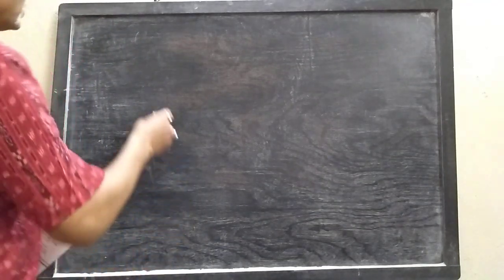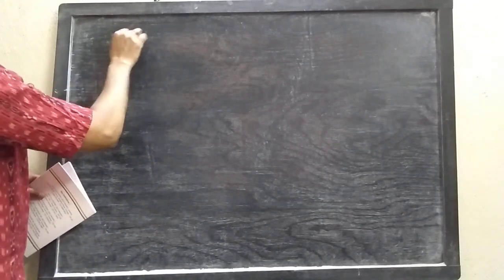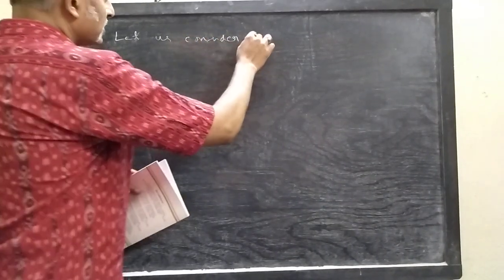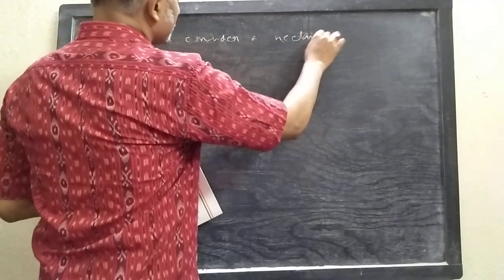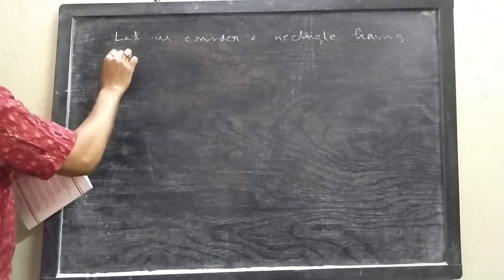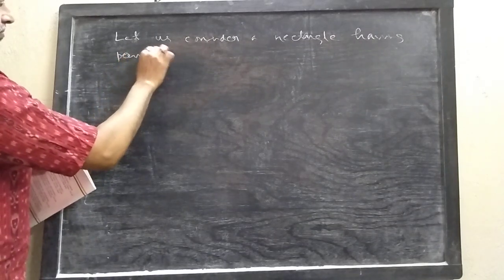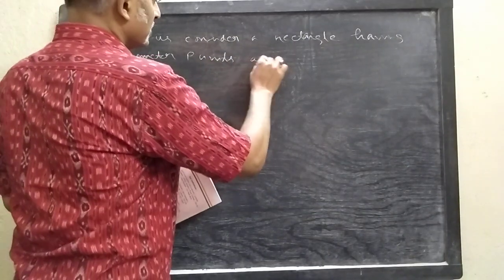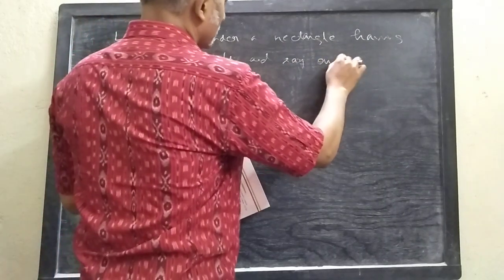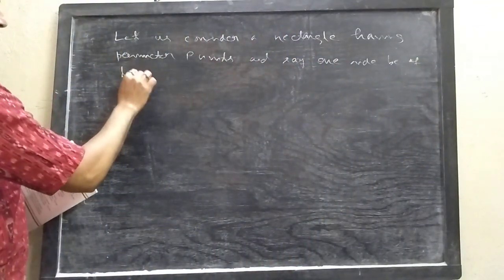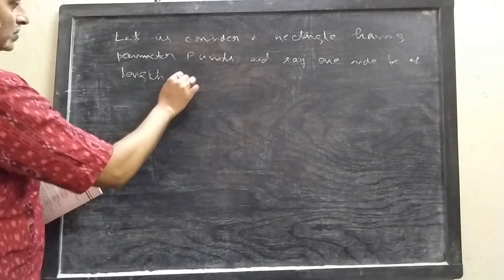So let us consider a rectangle having perimeter P units, and say one side of length x.